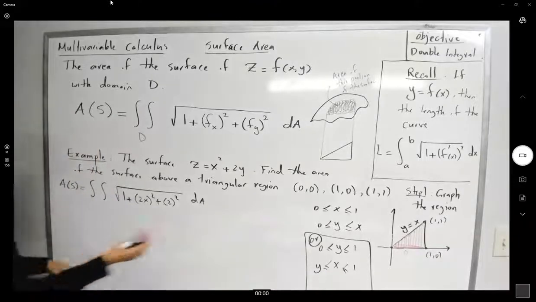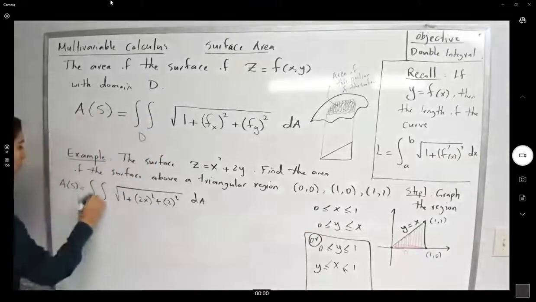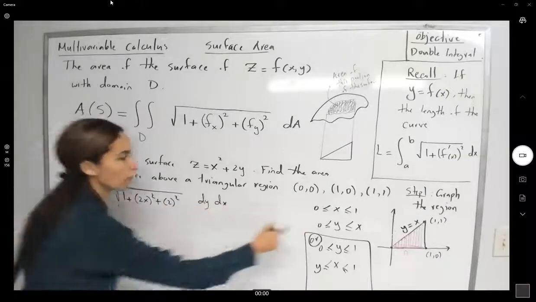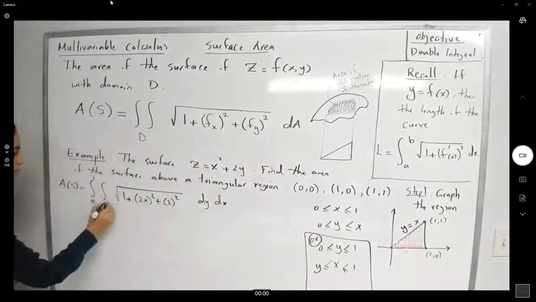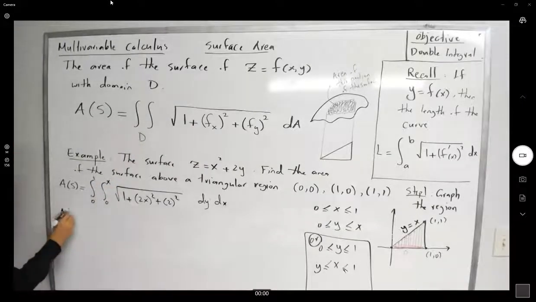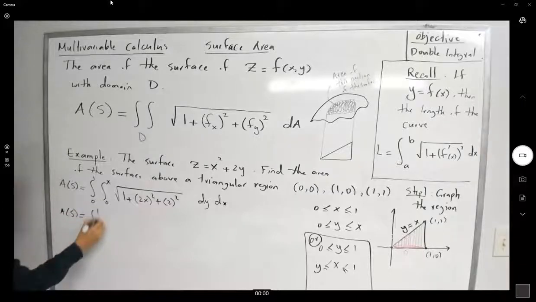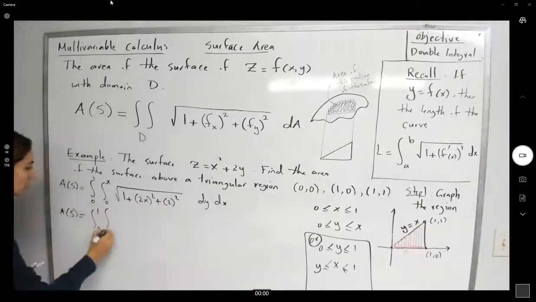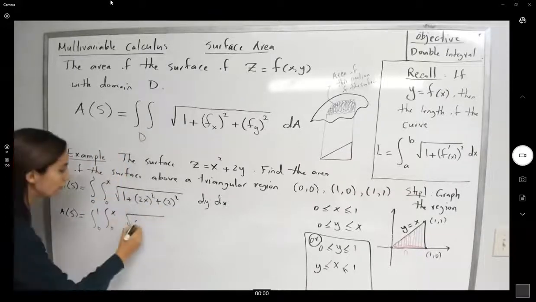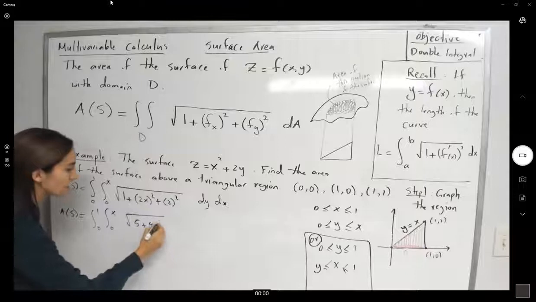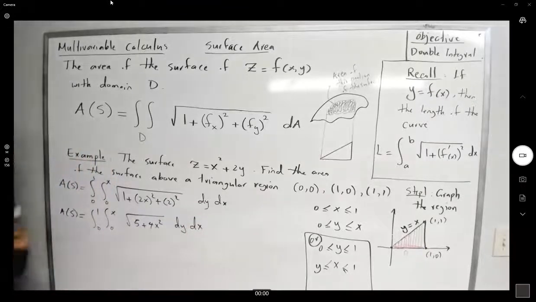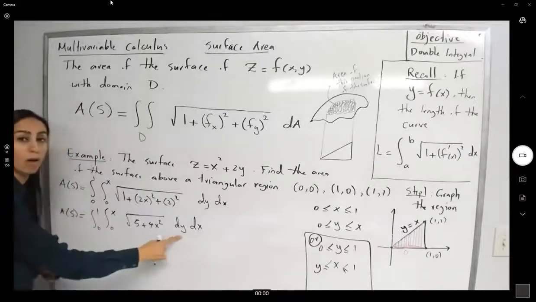Let us see what happens if I plug in 0 and 1 for x, and for y, 0 and x. Wow, take a look at this. This is 0 to 1, and here I have 0 to x, square root of 1 plus 4, 5, 5 plus 4x squared dy dx. So I'm going to take the integral with respect to y first.